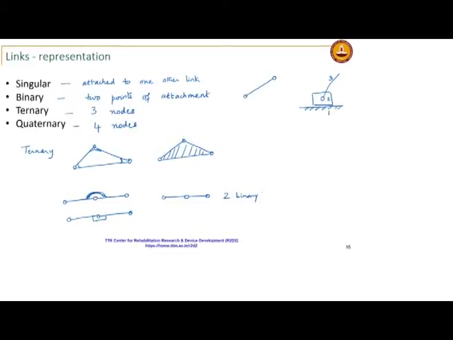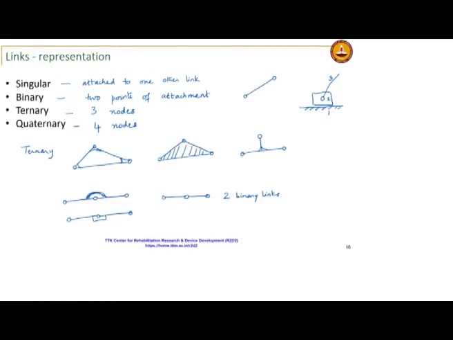If the weld is not present, it is interpreted as 2 binary links. A ternary link without all 3 nodes on the same line can also be represented like this. These are simplified representations of links for the purpose of kinematic diagrams.